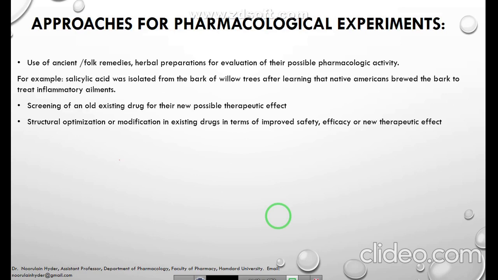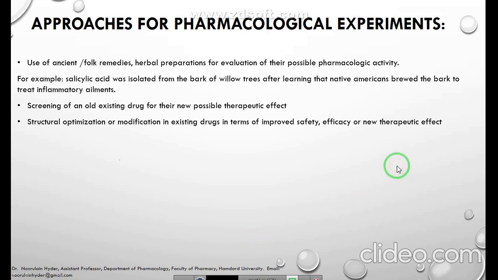For example, a structural optimization of a target compound, which is a salicylic acid derived from the willow bark by the company Bayer, resulted in the development and discovery of acetyl salicylic acid, popularly known as aspirin. It is the first non-steroidal anti-inflammatory agent.